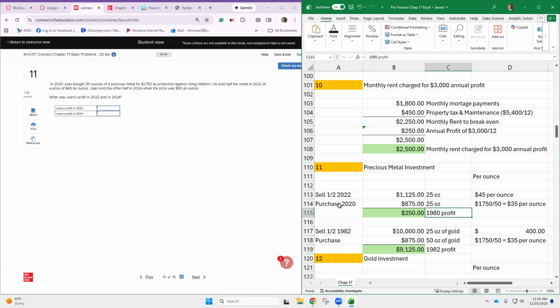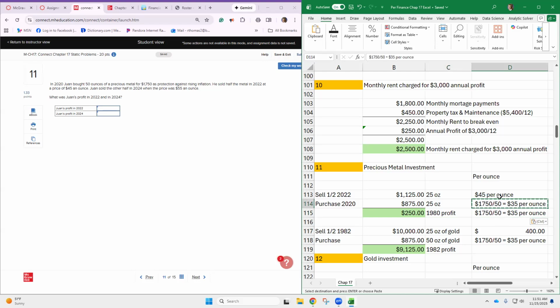So one more time, we bought 50, or Juan bought 50 ounces of precious metal for $1,750. And I'm showing here that $1,750 divided by 50 is $35 an ounce. In fact, I'm going to move that down one.